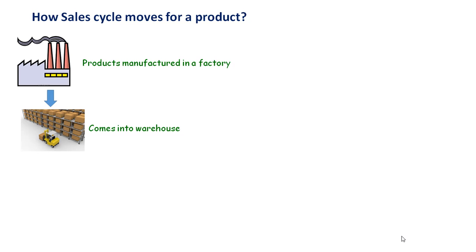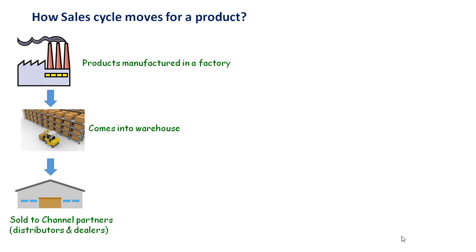From the warehouse, the product is sold to the channel partner. Just notice the difference: from the factory, the product moves to the warehouse, but from the warehouse the product is sold to the channel partners, because when distributors or dealers buy the product directly from the company, the company has already made its sales, and this is termed channel sales.